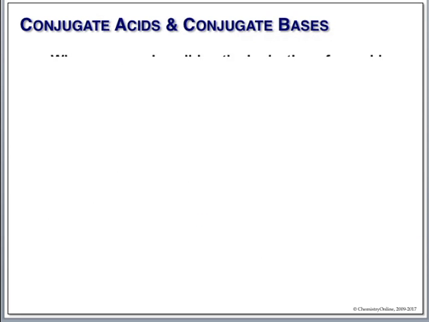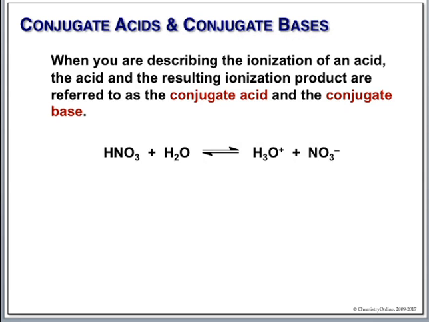In the Bronsted acid-base theory, this is referred to as a conjugate acid and a conjugate base. Simple thing to remember, the acid donates the proton, the base accepts it. That's all you have to remember. Acid donates, base accepts.